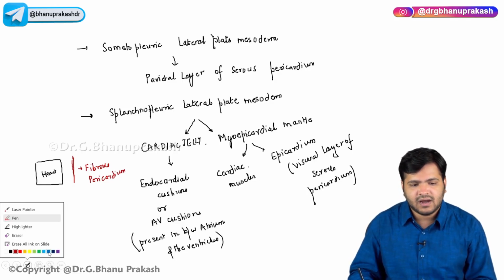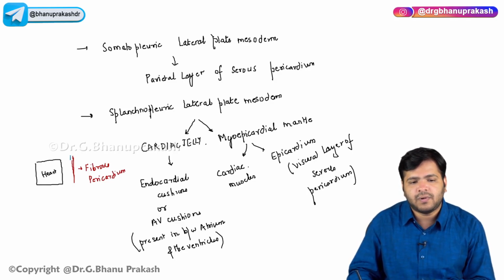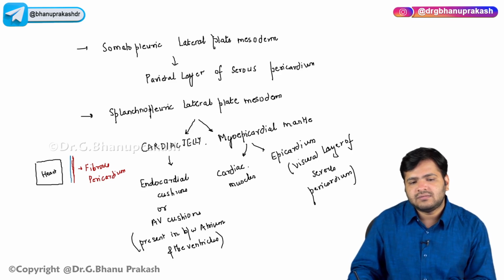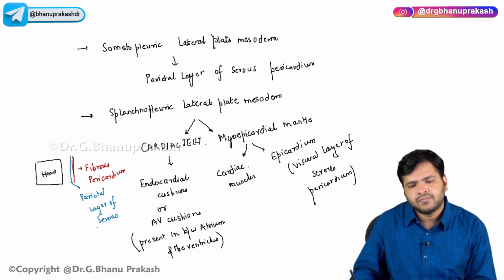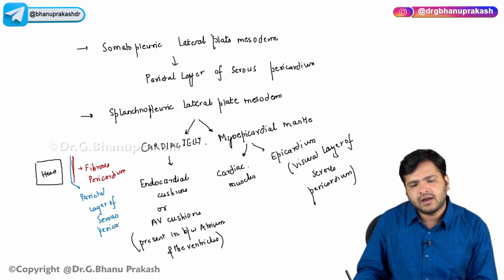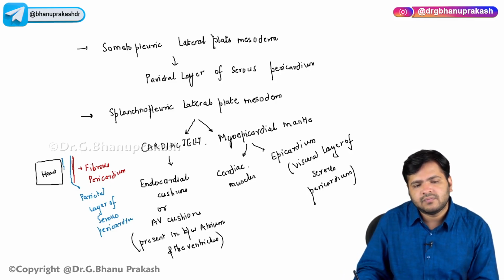The serous pericardium is again divided into two parts. One is this, which is called the parietal layer of serous pericardium. And one layer is this, that is called the visceral layer of serous pericardium.